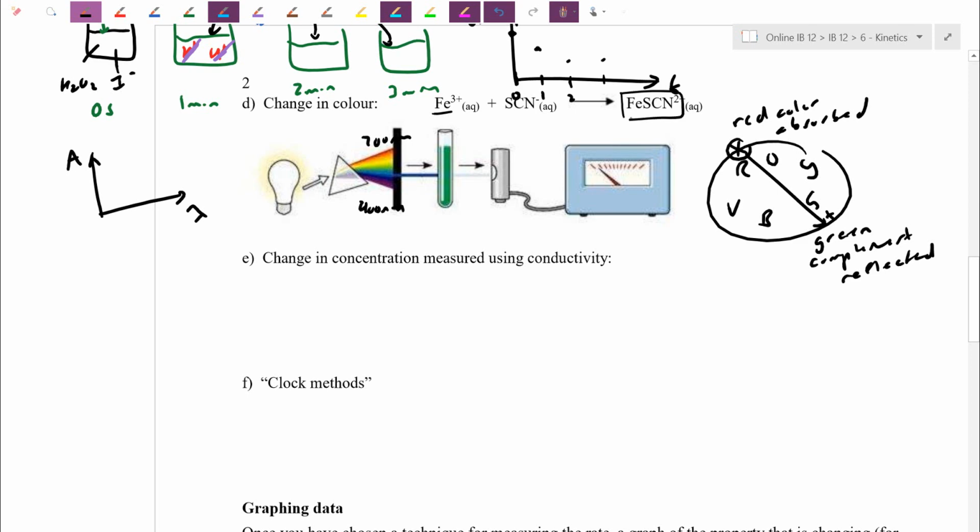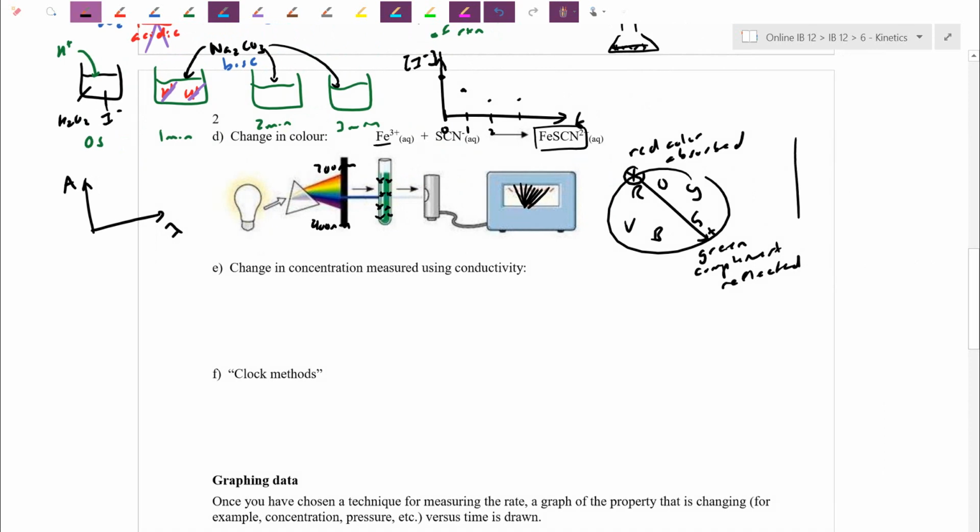So as I produce more and more of this FeSCN, it's going to get more and more red intensity.